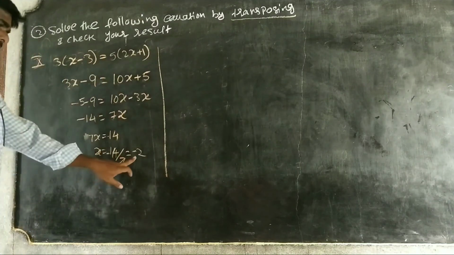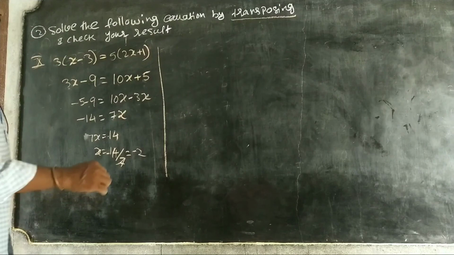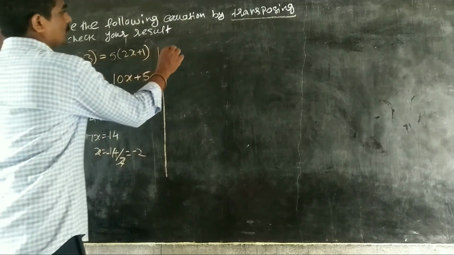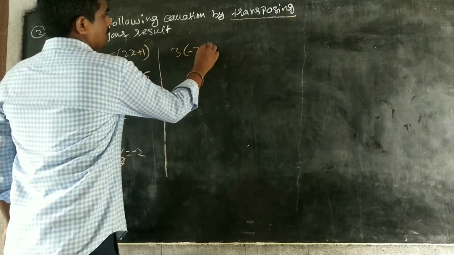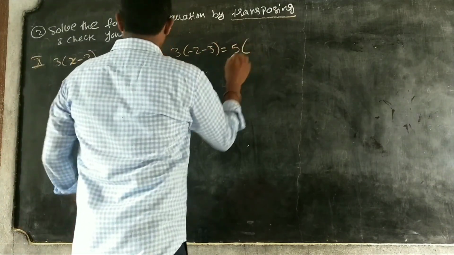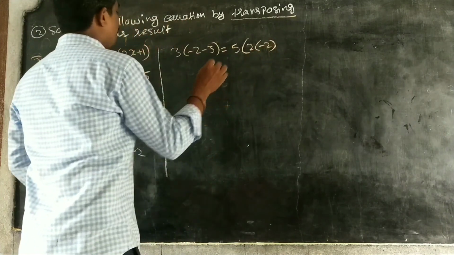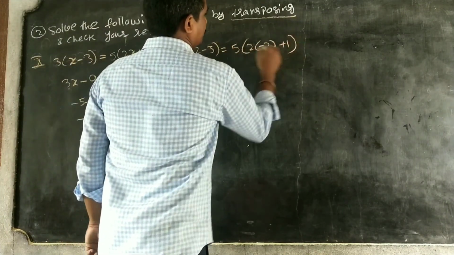Okay? Now we have to check whether minus 2 is right or wrong. I have to substitute here only. So 3 into minus 2 minus 3 is equal to 5 into 2 into minus 2 plus 1.